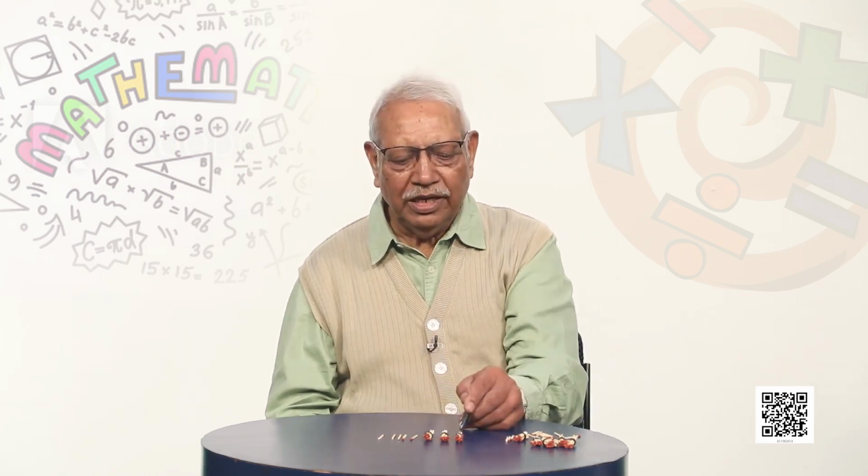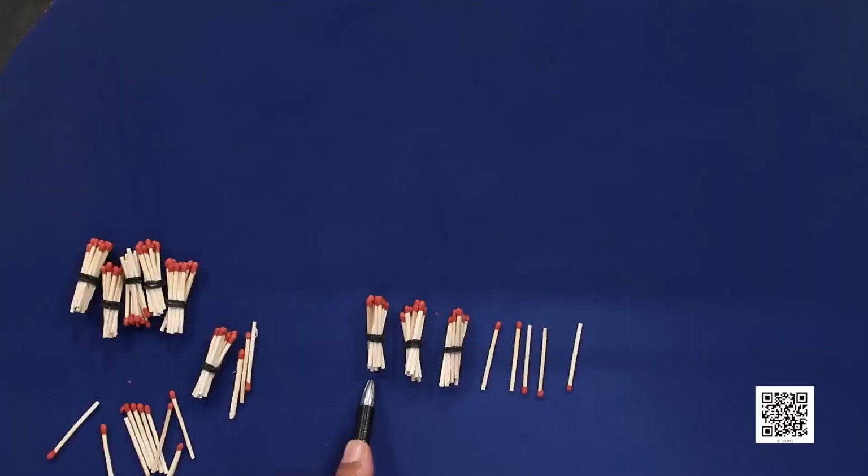So, let us count one bundle of 10, another bundle of 10, another bundle of 10. So, 10, 20, 30, 31, 32, 33, 34, 35. So, in response to the question how many sticks, we will say there are 35 sticks.